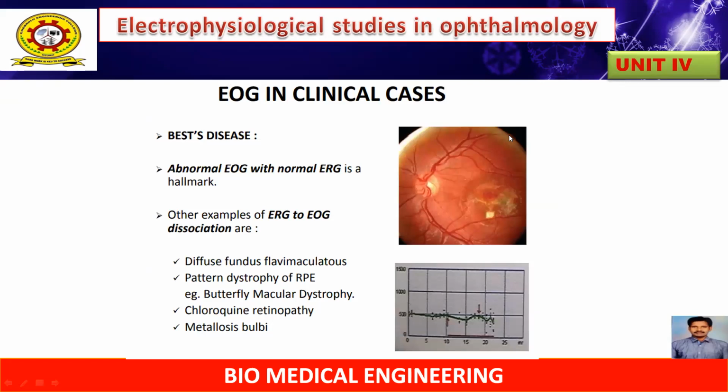Here I represent some clinical cases for the EOG. In figure B, we have some EOG pattern. We have to be able to identify where the light peak and where the dark trough is available in this picture.